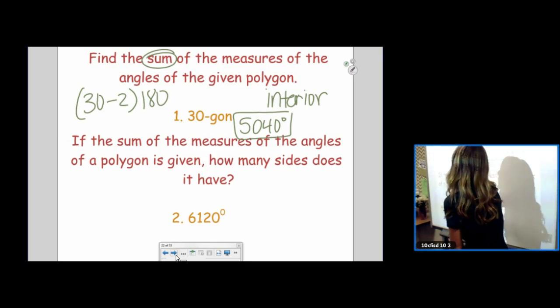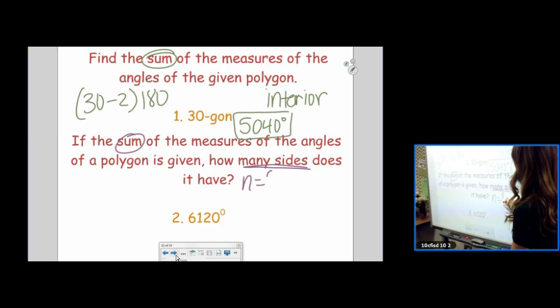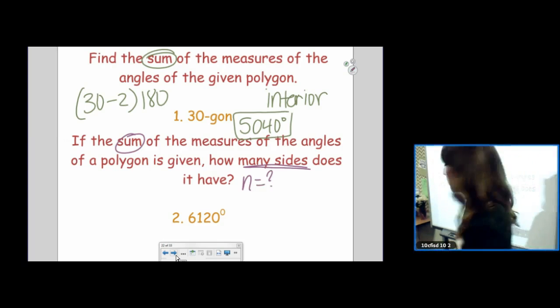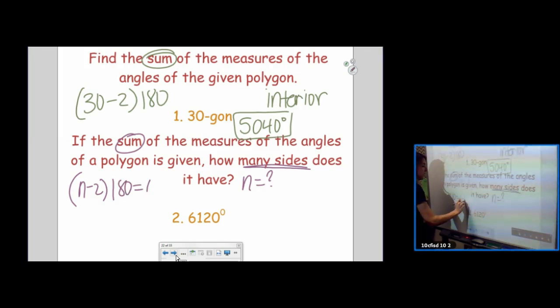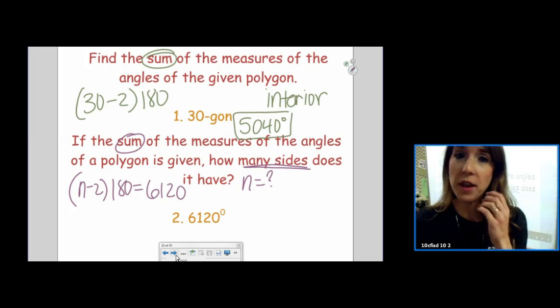If the sum of the measures of the angles is given, how many sides does it have? So we are looking for n. So this is kind of a work backwards problem. So n minus 2 times 180 equals 6,120. Now you just solve for n, good old algebra skills.